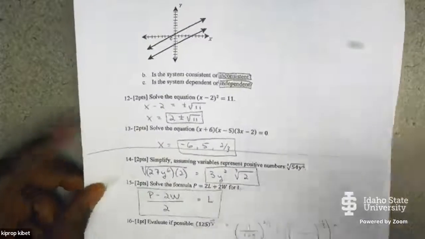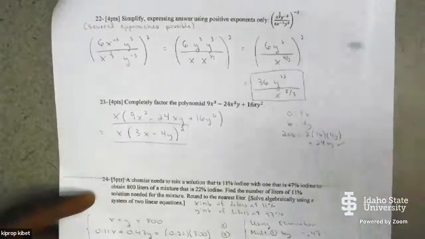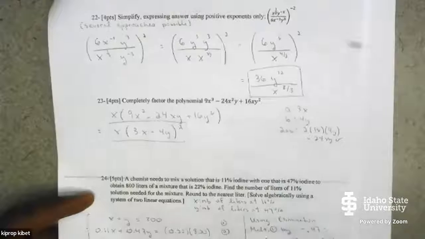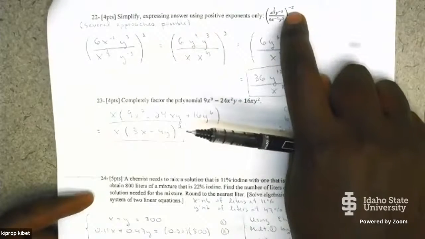You see, the final exam will be a little bit easier than what we were doing now. Again, this one, please remember this. If this is minus, then you do what? You switch. If you switch, it becomes positive.